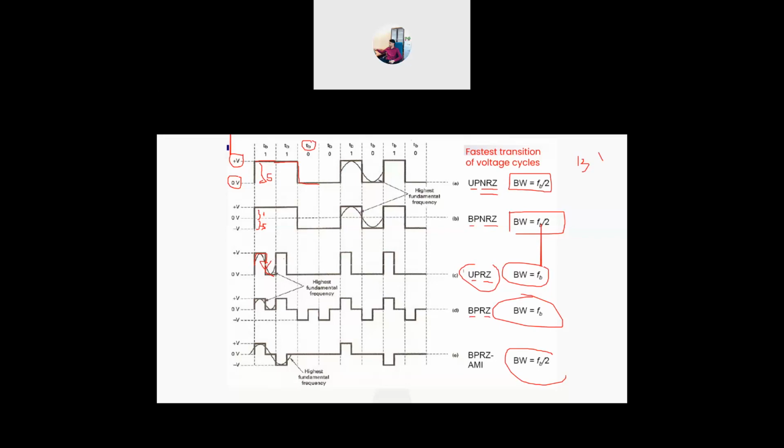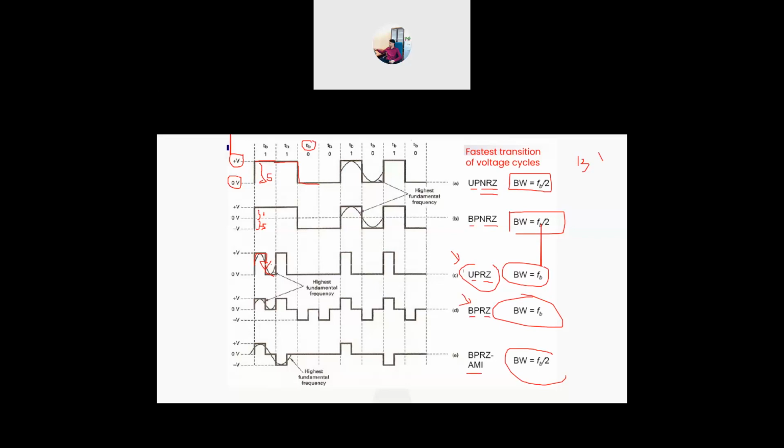In the books, we have three types of return to 0: the RZ unipolar, then the return to 0 bipolar RZ, and then the alternate mark inversion. Return to 0 means all of them should return to 0 for each bit cycle.